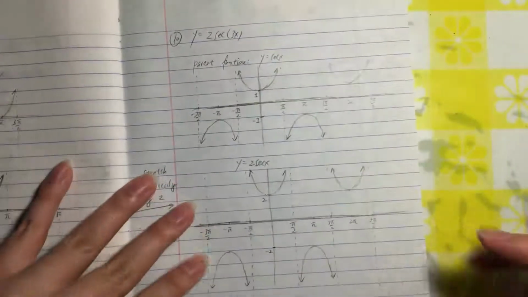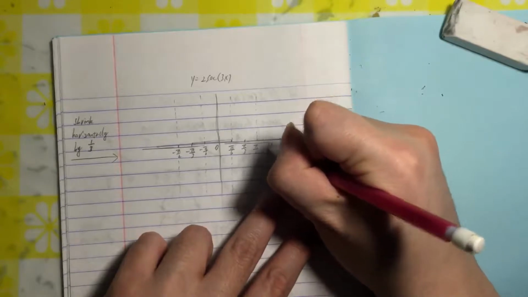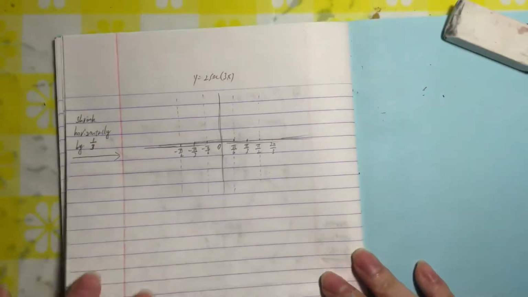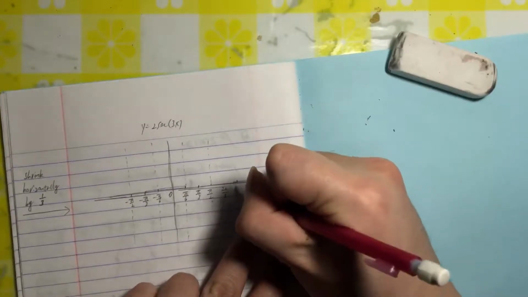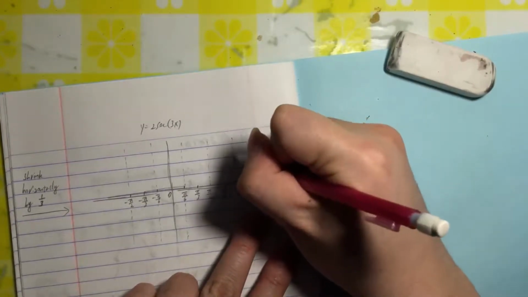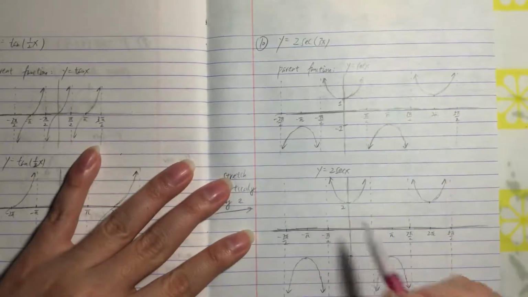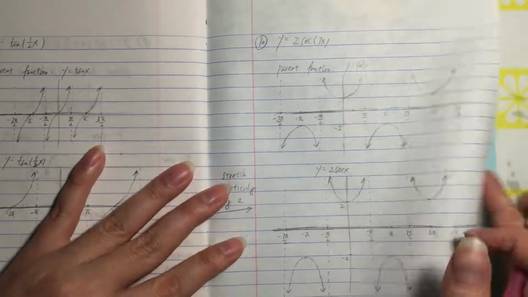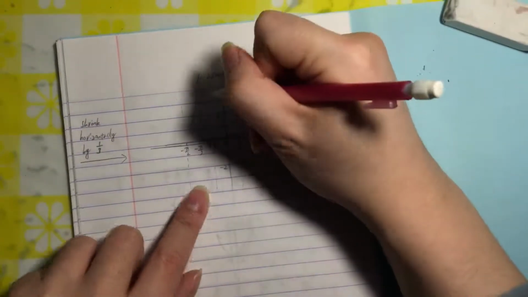Next, 2 pi times 1/3 is 2 pi over 3. Next, 5 pi over 2 times 1/3 is 5 pi over 6. And the graph stays in the same shape. Each minimum is 2, each maximum is negative 2.